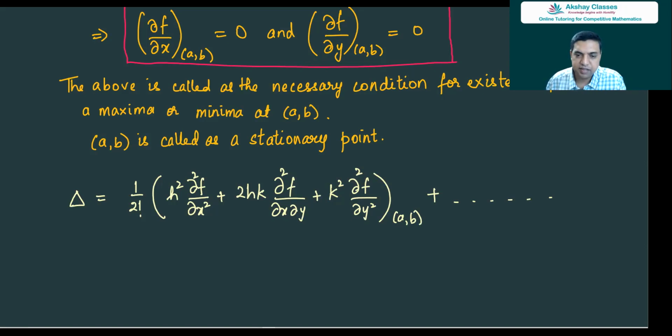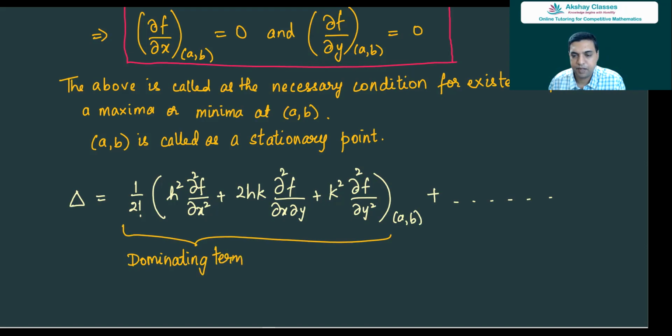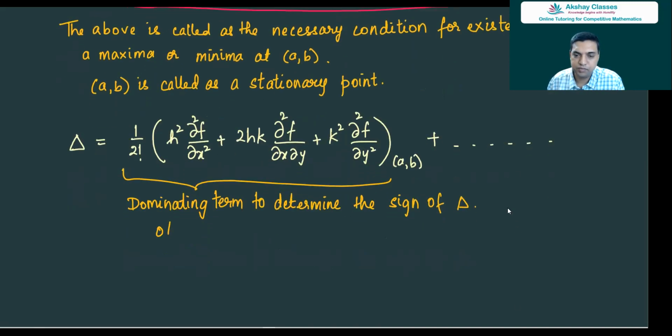So this is the dominating term to determine the sign of delta. Other terms can be ignored.